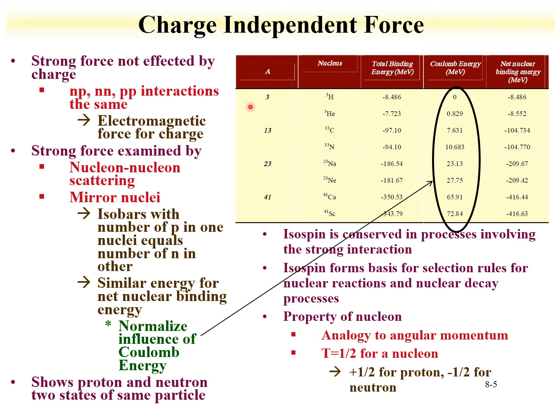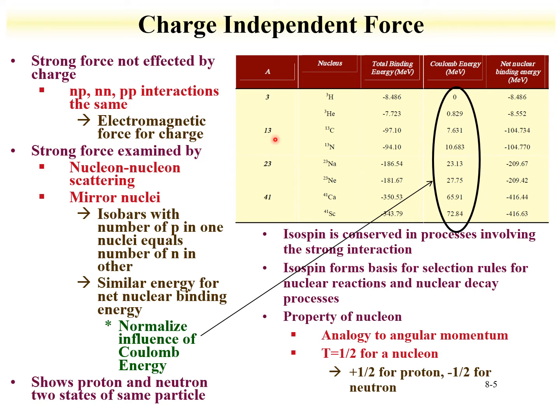And as we can see, for something like tritium, there's only one proton, so the Coulomb energy from that would be 0. For the other nuclei, we have Coulomb energies that are calculated based upon the number of protons in the nuclei. And what this shows, if we take the total binding energy and compare it with the Coulomb energy, is that the net nuclear binding energy is very similar based upon the total number of nucleons in a given nucleus.